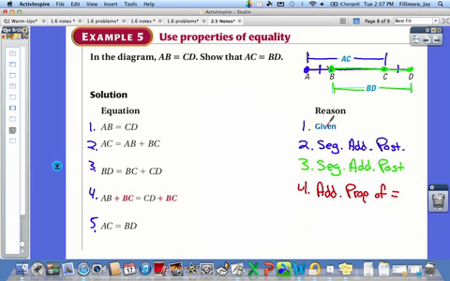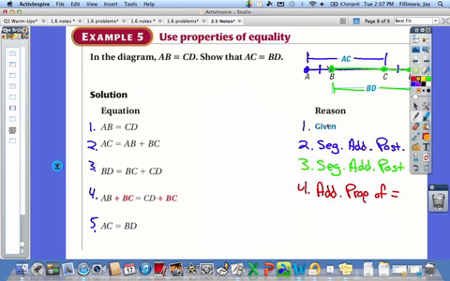And our last step, and this is the step that can kind of trick people up, so let's take it slow. They went somehow from this statement to this statement. Well, how did they do that? There's no AC up here. There's no BD up there. Well, we know that AB plus BC is equal to AC. So since they're equal, we just substituted AC for this guy.